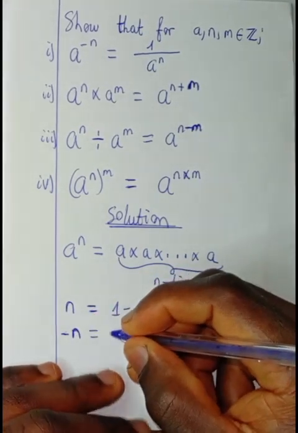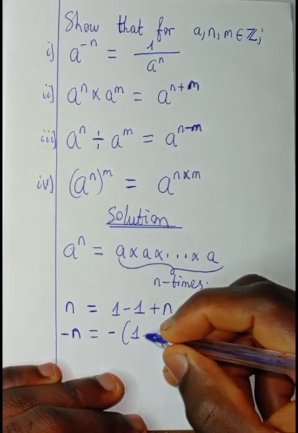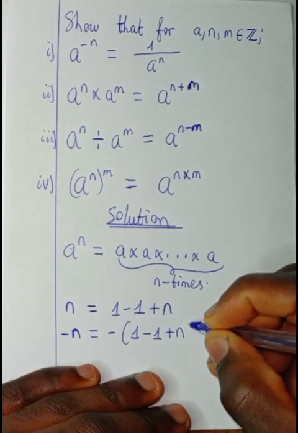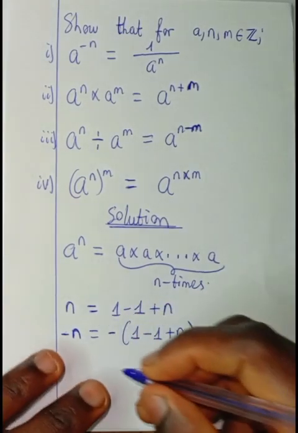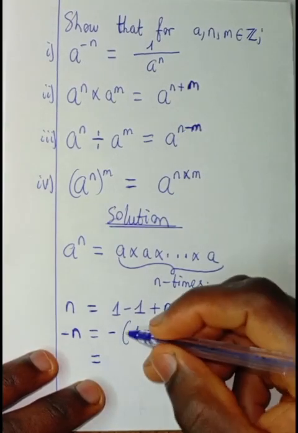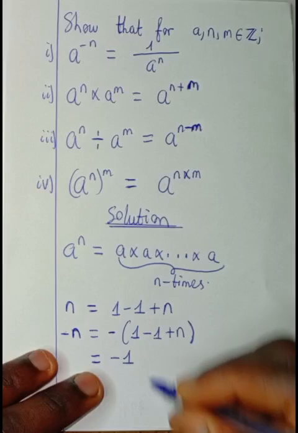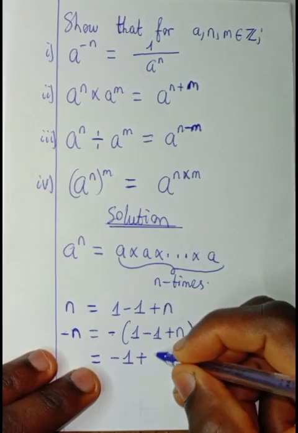So this will be equal to, we are going to multiply the right hand side by negative 1. Negative 1 times 1 minus 1 plus n. Next thing, we have to expand the bracket at the right hand side. This will simply be equal to negative 1 times 1 gives us negative 1. Negative 1 times negative 1 gives us positive 1.